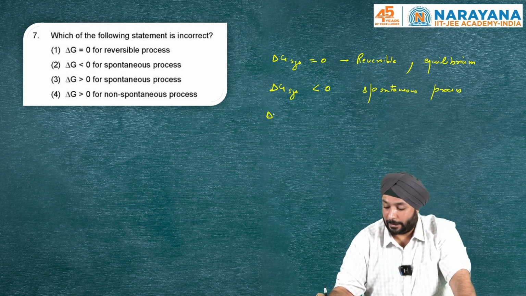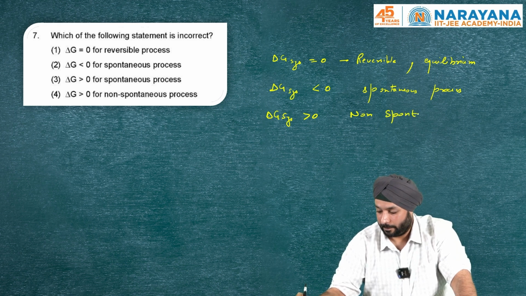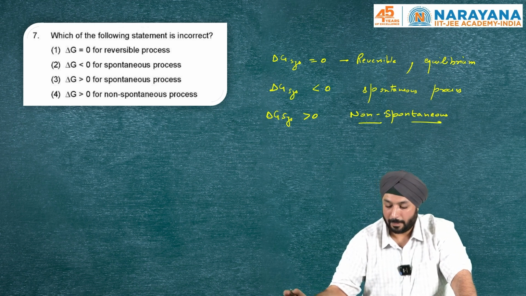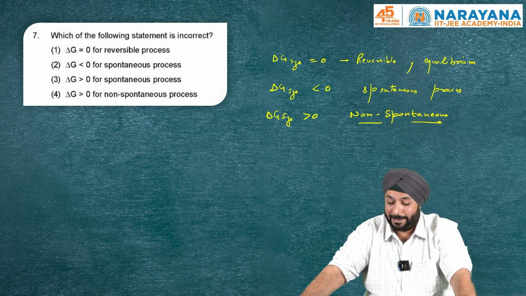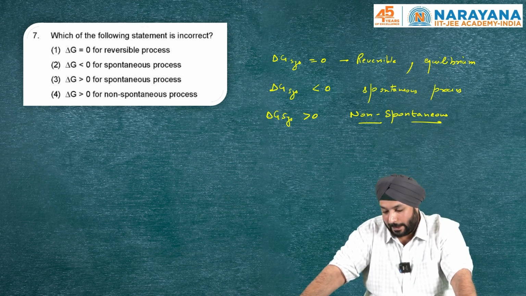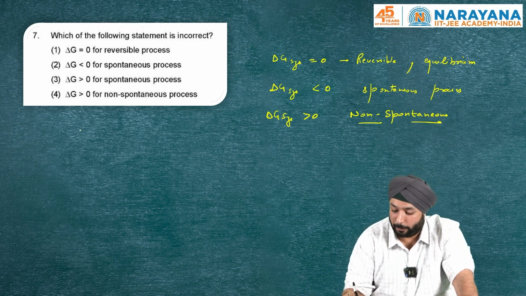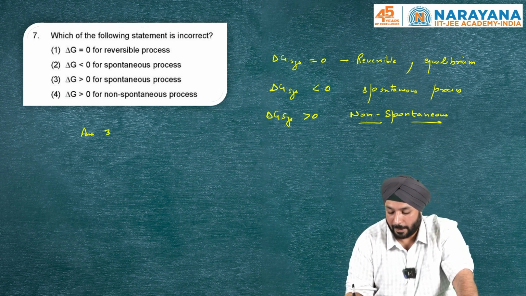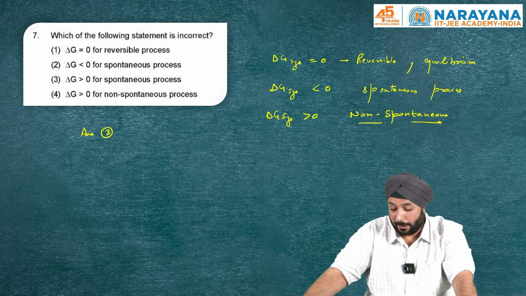So delta G of system is greater than 0 for the reactions which are non-spontaneous. Right. So we have to find out which statement is incorrect. Obviously, delta G greater than 0 for a spontaneous process is not correct. So the answer is supposed to be 3. Right. So shall we move ahead?